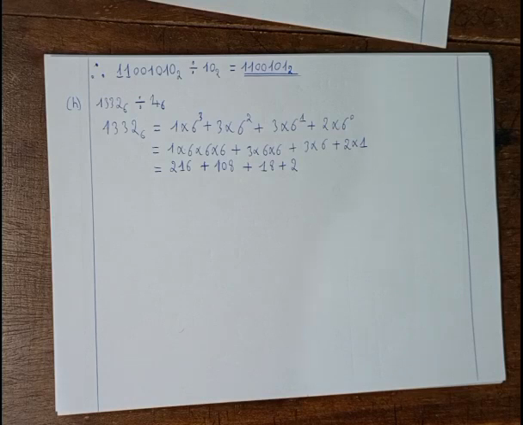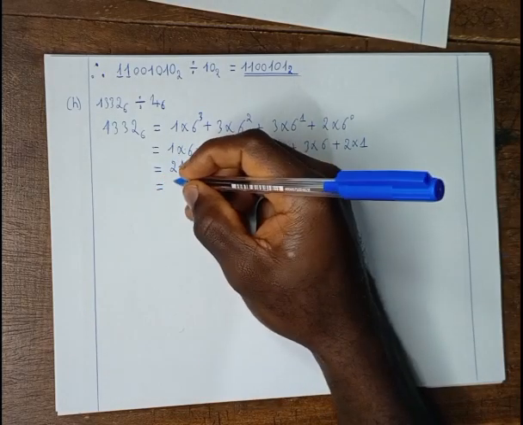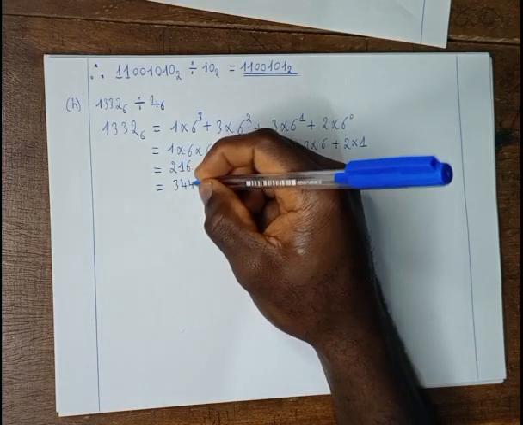Next, now we have 216 plus 108 gives us 324 plus 18, it gives us 342 plus 2, it gives us 344.